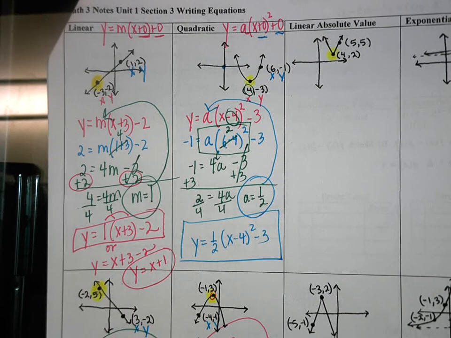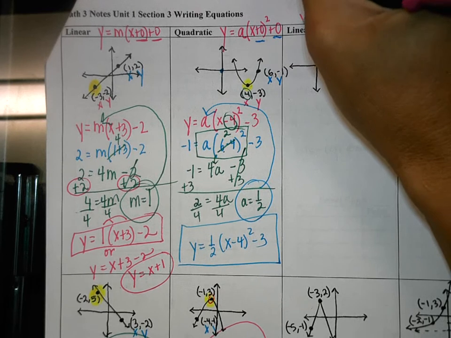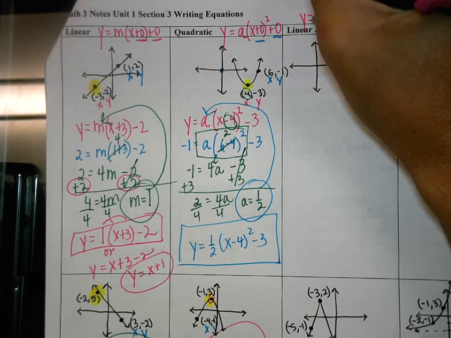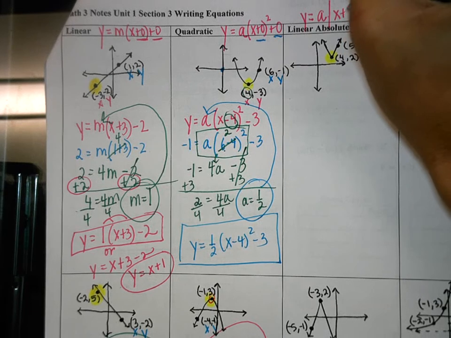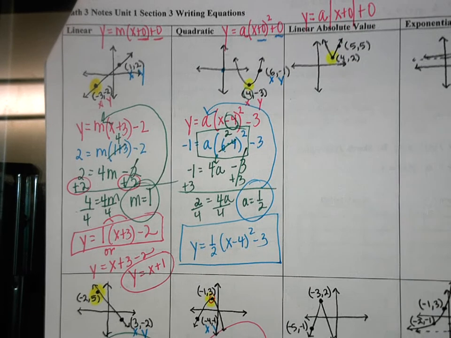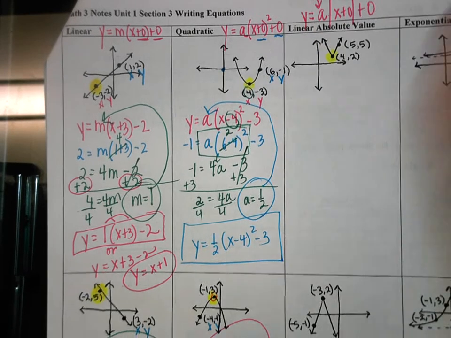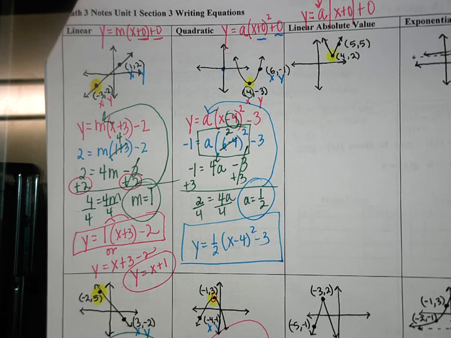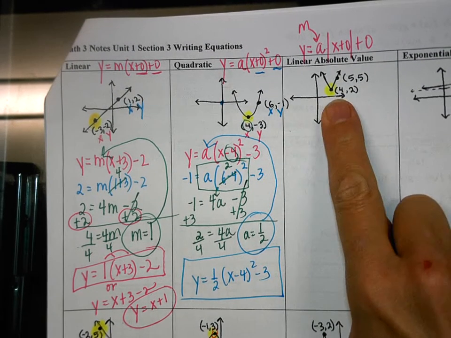Our equation for linear absolute value for our parent graph was y equals a absolute value of x plus 0 plus 0. Or this could also be written as m. You could use a or m there. But we're going to solve for that. We have to use the vertex value when we're writing this equation.